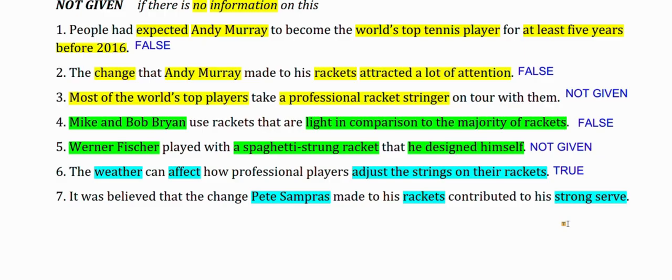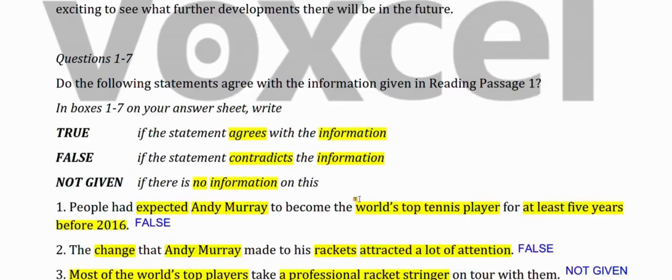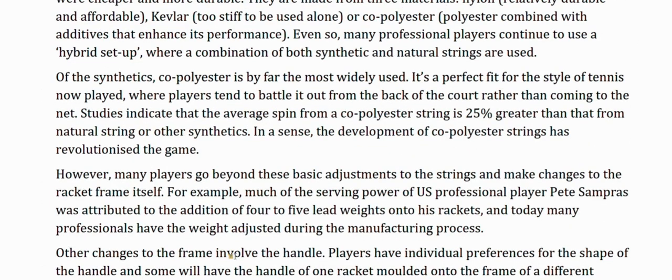The answer will be false when, because of the change, his serve was not strong, or it was not because of the racket, it was because of something else he changed. And it will be not given when there is no mention of the change to the racket, or there is no mention whether his serve was strong or not. Okay, let's see where Pete Sampras is written.